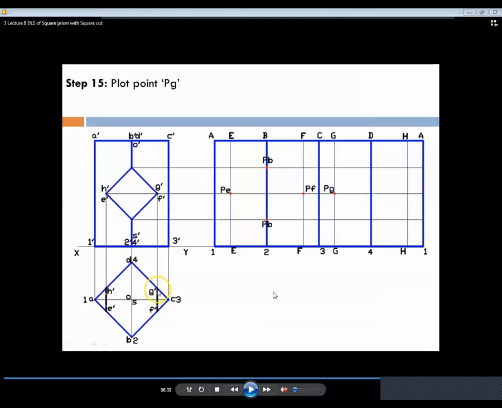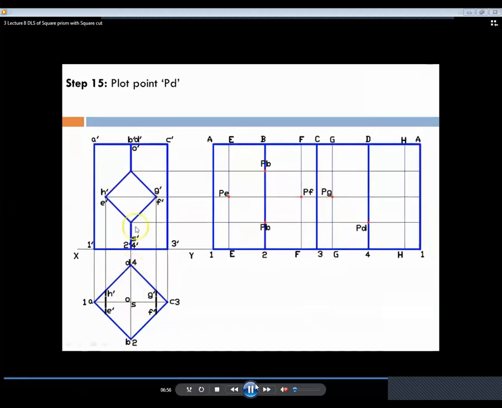The same way you have to plot the points PG and PH on the respective generators which you drew in the development, and the points which are on B and D. It means these points are also the square drill hole.